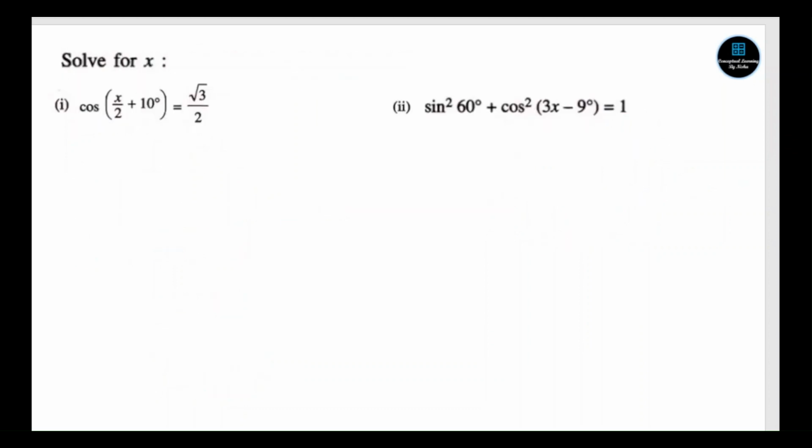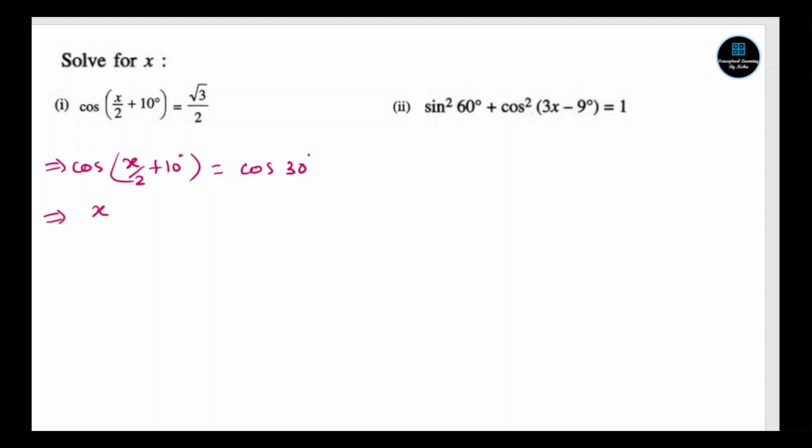Now here we have to solve this. Alright, so let's do this. So cos(x over 2 plus 10) degree equals, now I know that square root 3 upon 2 is cos 30 degree. Alright, so I have substituted that. And now I can compare the angles.